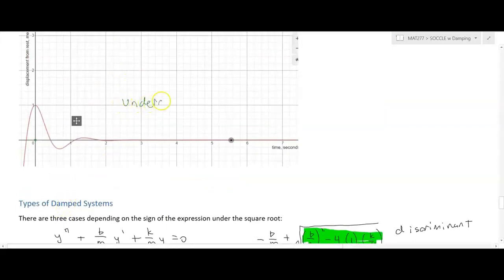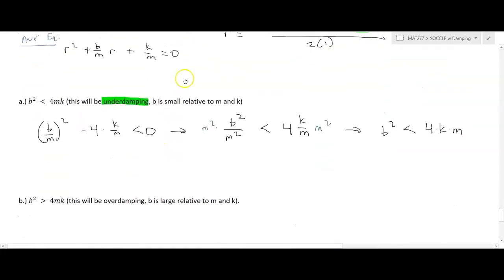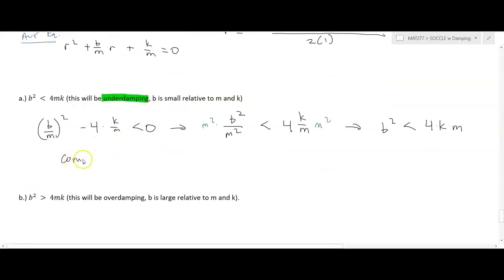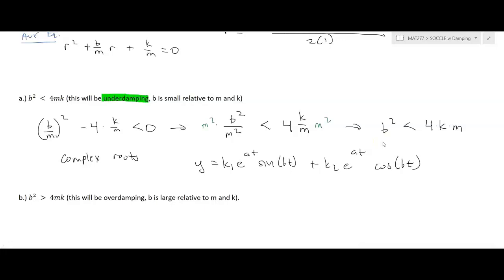This happens precisely whenever you end up with complex roots, and your solution will be of the form k1 e to the at sine bt plus k2 e to the at cosine of bt. That's the underdamped situation where you're going to have some oscillation, and that leads to complex roots. So we call this type of system an underdamped system.